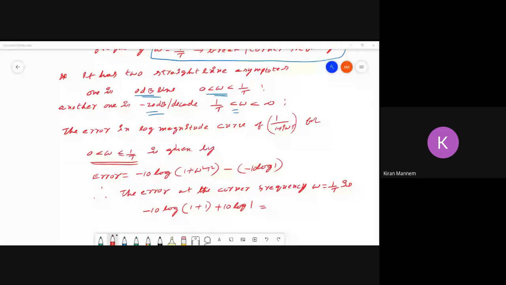Teja, Harini, Deepika. Minus 3.01, sir. Very good.